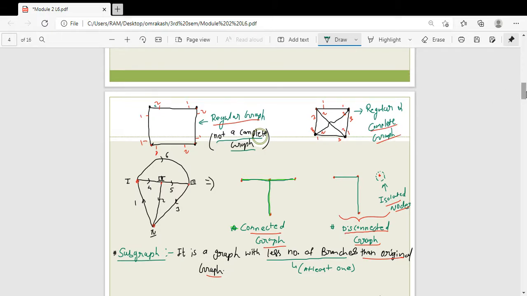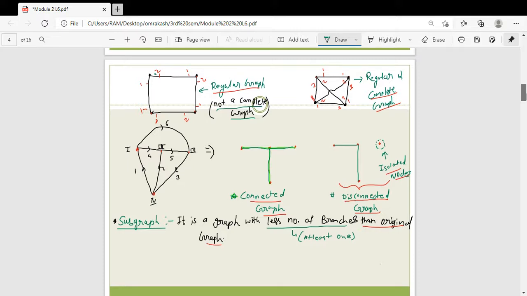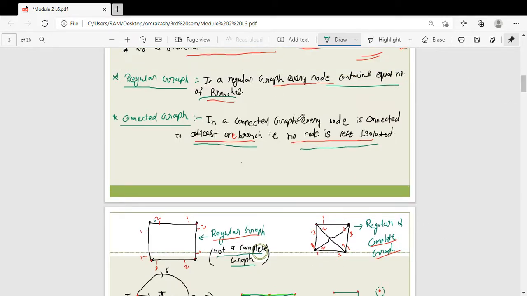Now the second term is connected graph. For example, see here, one graph is given to you. Now what do you mean by connected graph? A connected graph is one in which every node is connected to at least one branch, no node is left isolated.